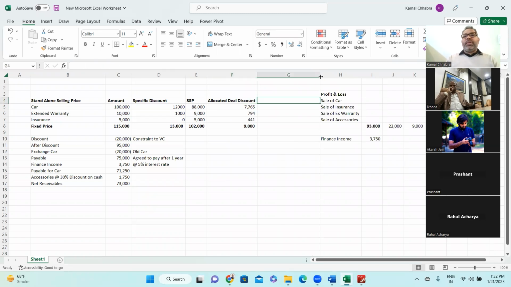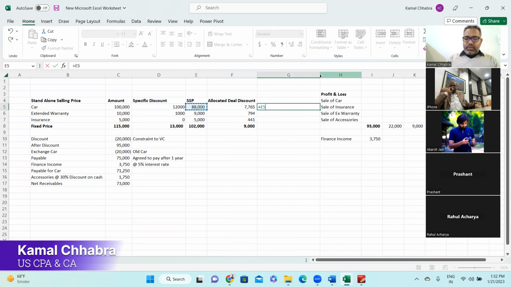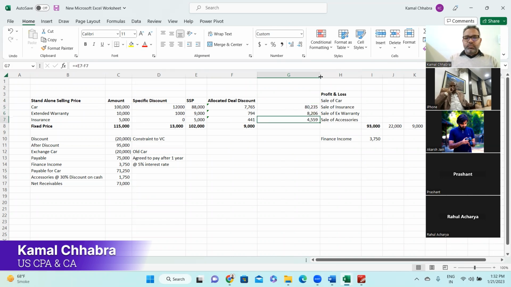Then what will be the sales price of the individual item? This will be 88,000 minus this. Right? This is what 93,000 we agreed.